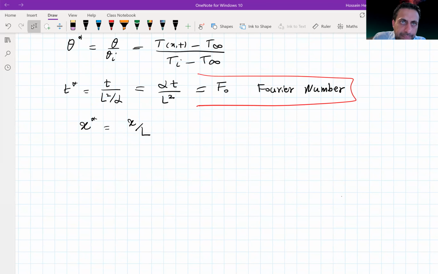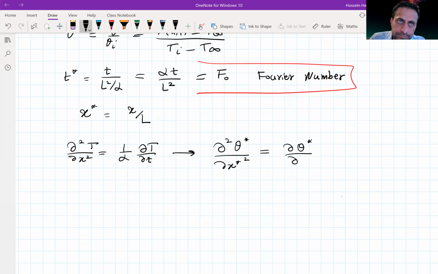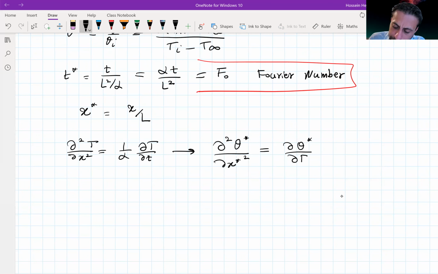Now, if I plug into the diffusion equation, then in the dimensionless form, it's going to be in terms of Fo.